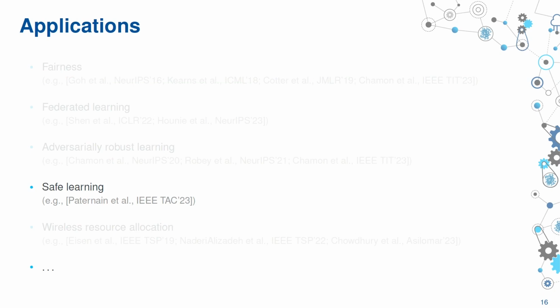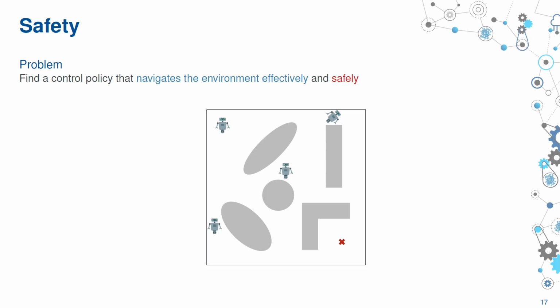In terms of safe learning, now we get to a little bit more of what we'll be talking about in the second part, which is reinforcement learning. Here, what we want to do is, say, learn to navigate a space while not hitting objects. Quite a direct problem. We want to do that using reinforcement learning.